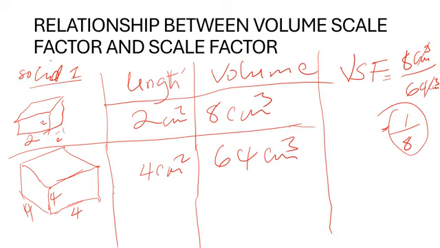if we find the scale factor, okay, now let's find the scale factor. Scale factor, that's a volume scale factor. Now this is just a scale factor. Scale factor in this case will be the image divided by the object, which is 2 over 4, and that will be 1 over 2.